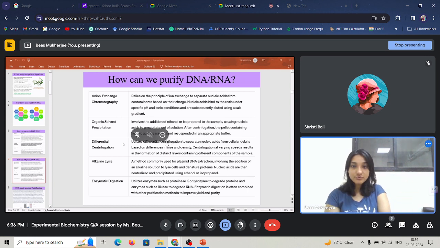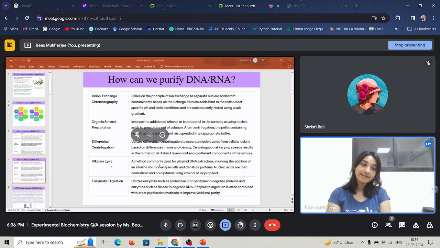So using differential centrifugation to separate nucleic acid from cellular debris based on difference in size and density. So there is difference in size and there is difference in density, right? Centrifugation at varying speeds results in the formation of distinct layers containing different components of the sample. So there are different layers formed.